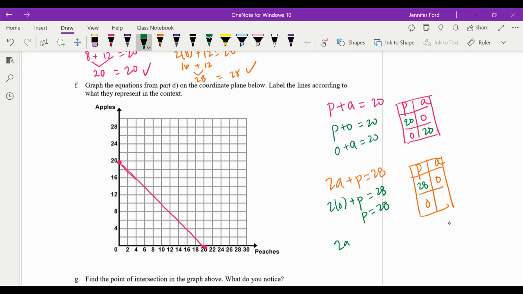And if I go 2 times A plus 0 is 28, 2A is 28, so A has to be 14. All right, so when peaches is 0, apples is 14, which is right here. And when apples is 0, peaches is 28, which is right here. And I don't know if my straight line tool is going to do what I want, so we're going to see. Yeah, it doesn't like to go between.